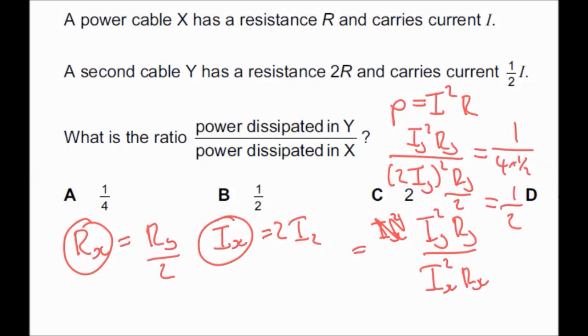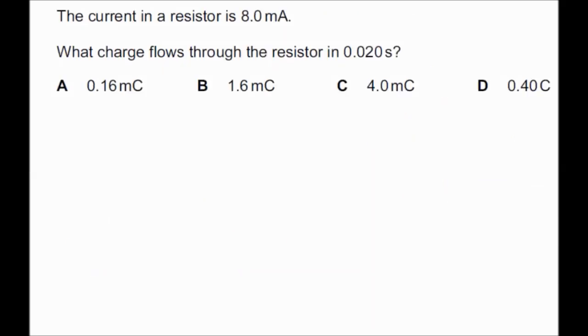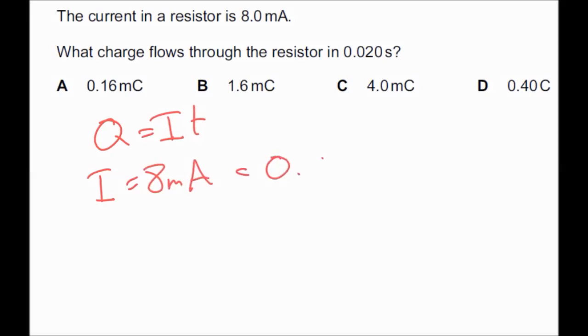A current in a resistor is 8 milliamps. What charge flows through the resistor in 0.02 seconds? Well, Q equals IT. Our current is equal to 8 milliamps, which is the same as 0.008 amps.